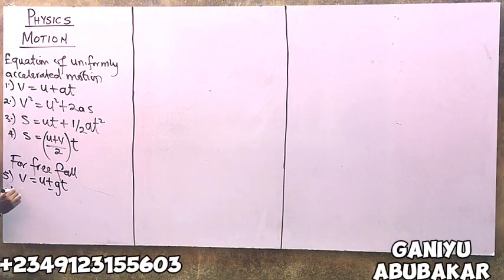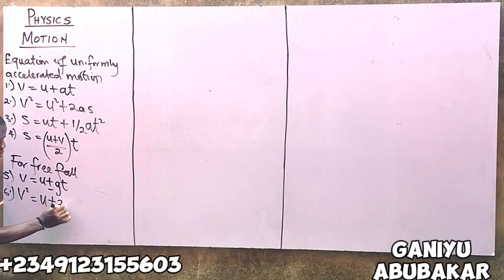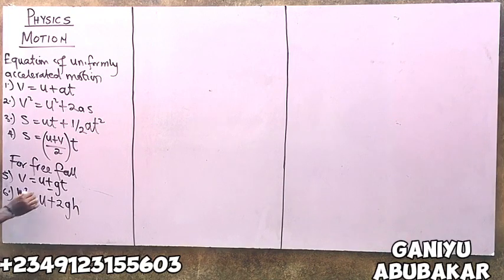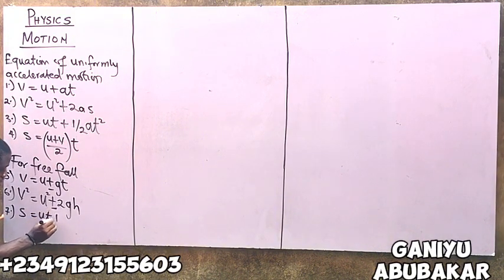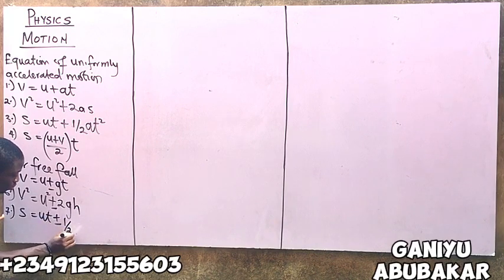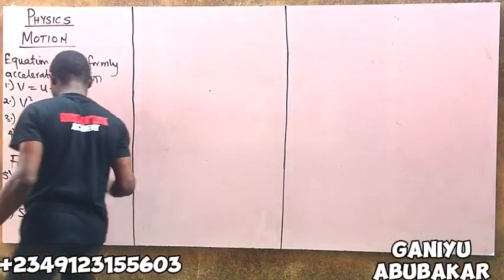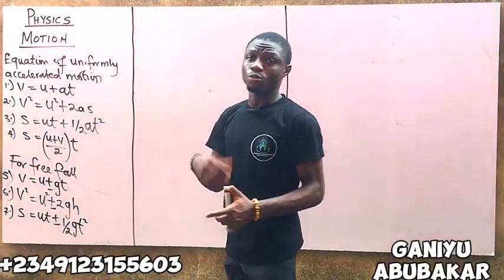I have that v squared is equal to u squared plus or minus 2gh, please. And my last one, which is h is equal to ut plus or minus 1 over 2 gt squared. So I have these 7 equations of motion.